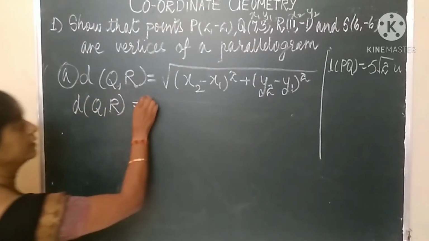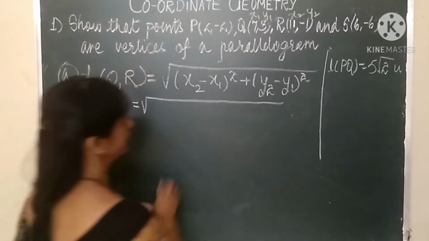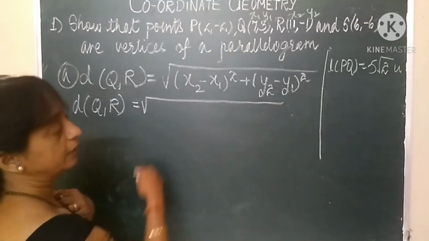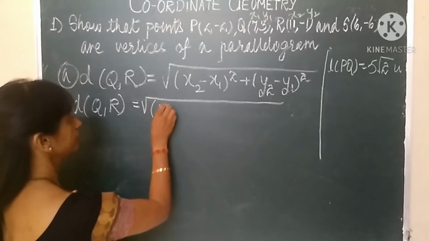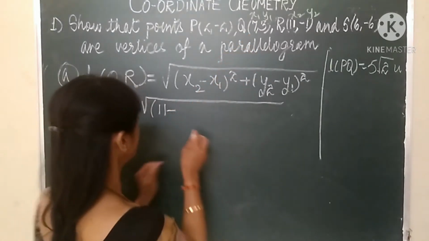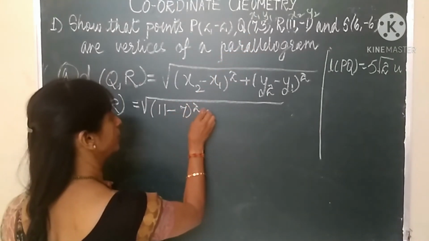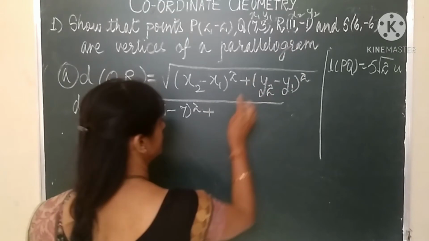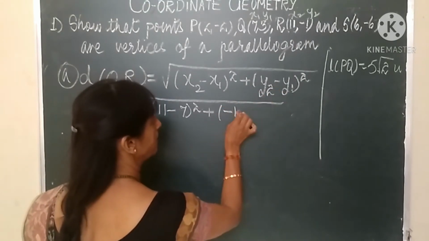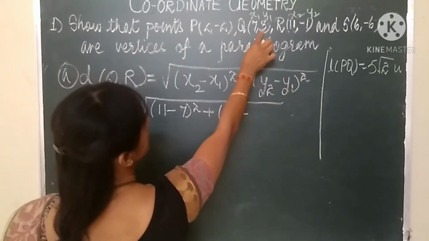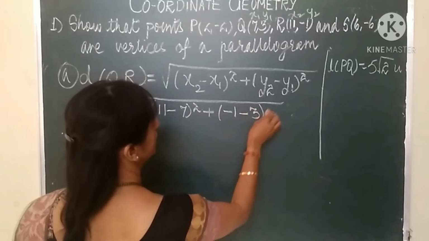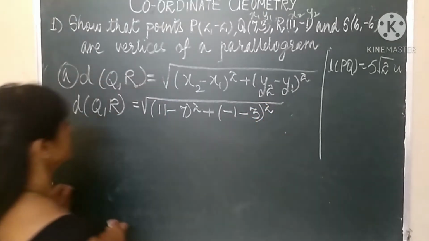Distance QR will be equal to x2 that is 11 minus x1 is 7 the whole square plus y2 is minus 1 minus y1 is over here 3 the whole square.